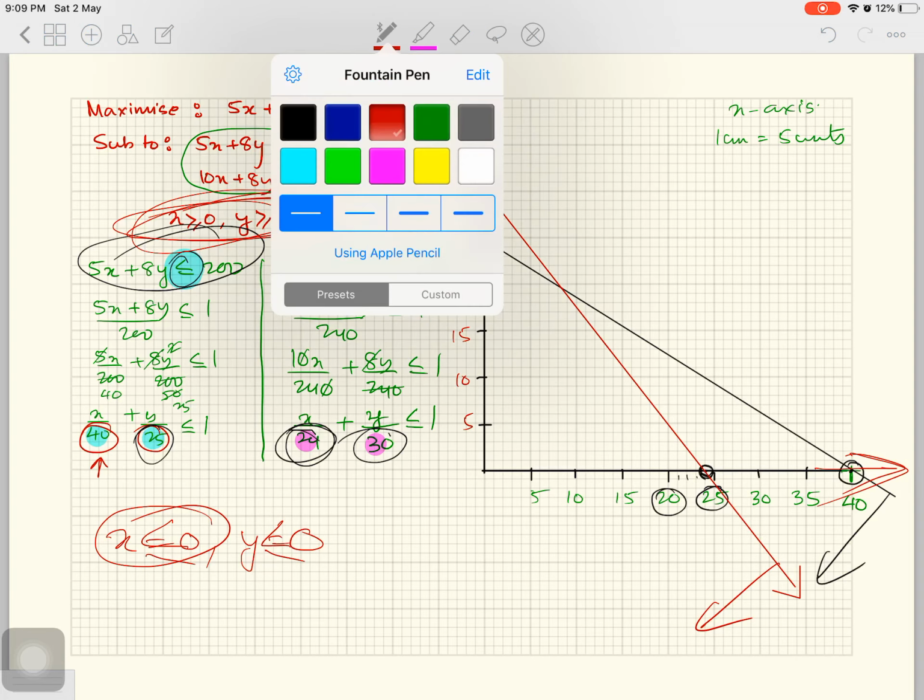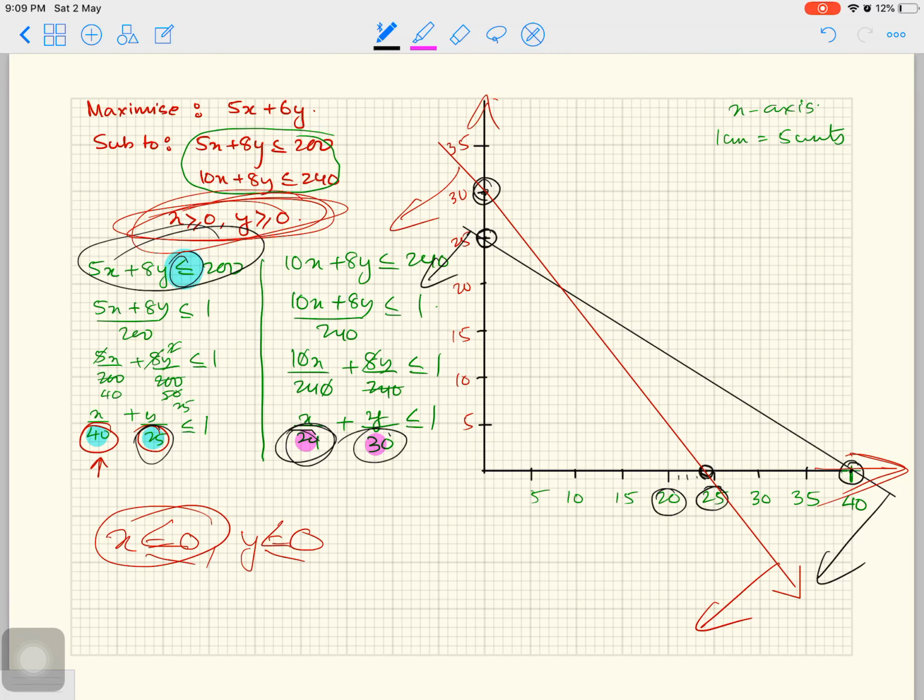So this line, let me put in green color. Sorry, not less, my mistake, it has to be more than equals to 0. So please neglect whatever I have said earlier. It has to be greater than equals to 0. So if it's x greater than equals to 0, it has to move upwards, isn't it?